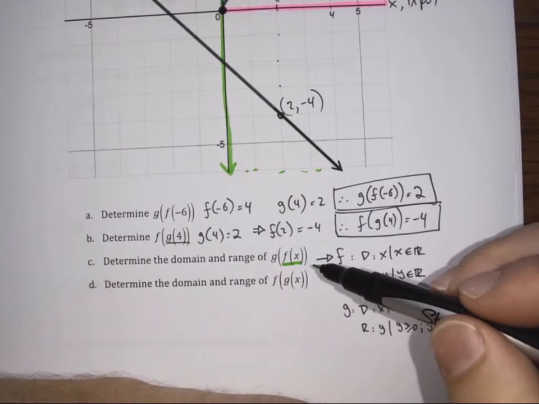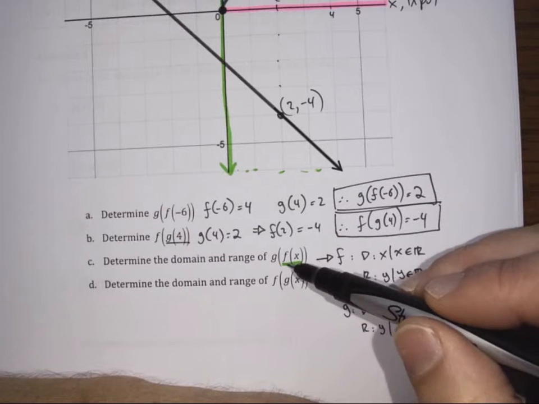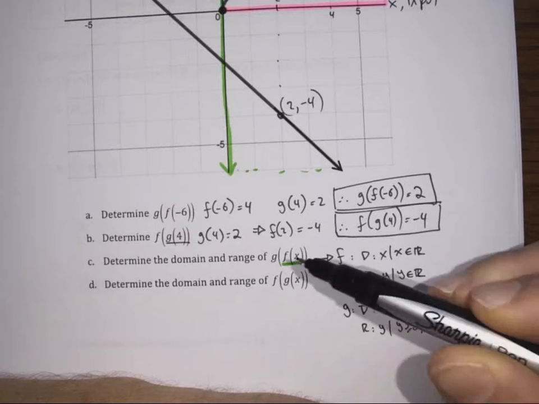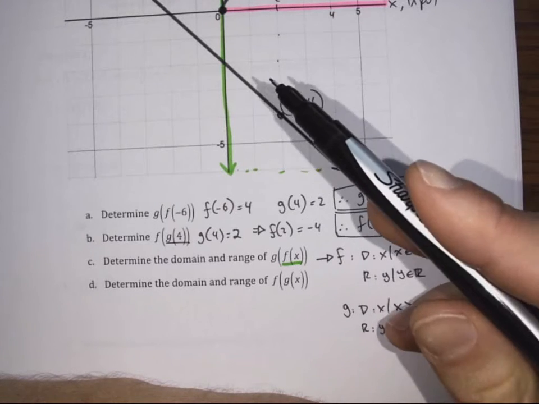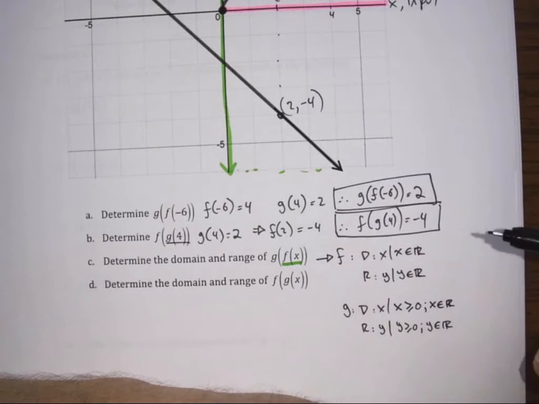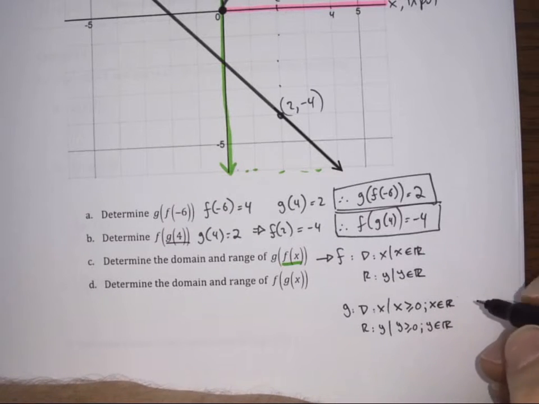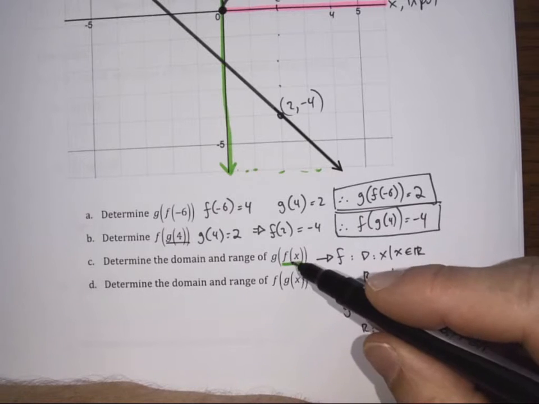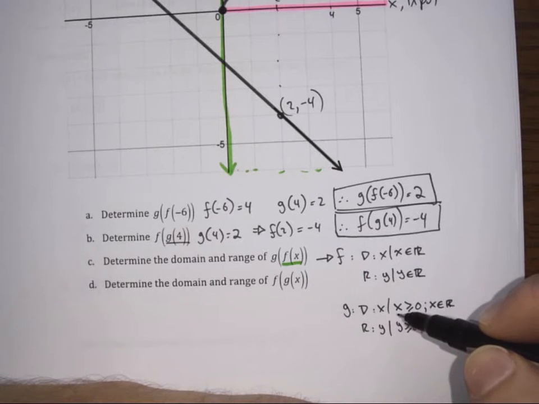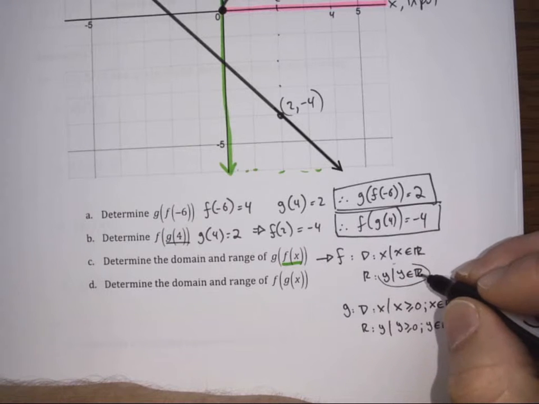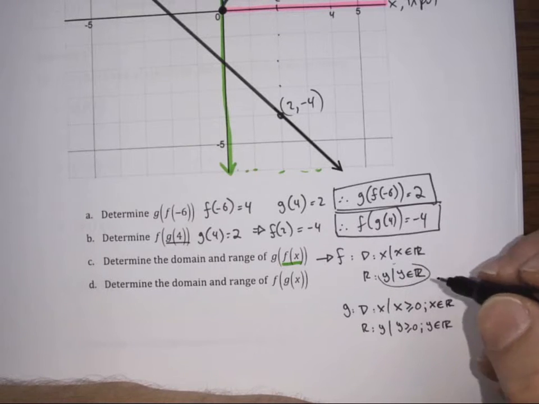So the domain is going to be all of the numbers that can go into f that can spit out outputs that g can accept. This might spin your mind a little bit. The key idea is the outputs of f need to match the inputs of g. So only half of the outputs of f can be inputs of g.